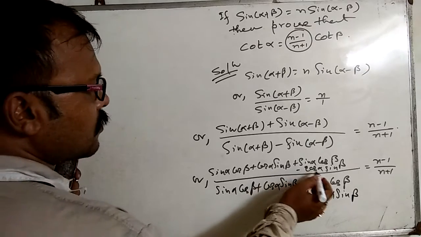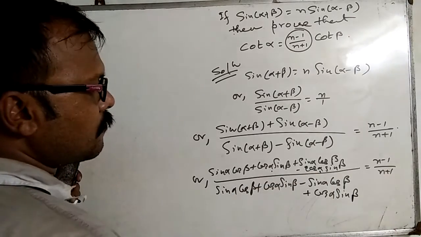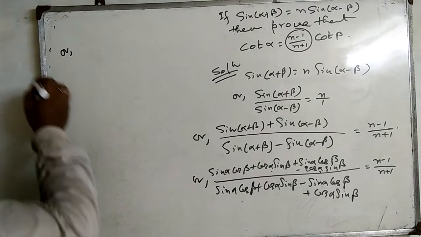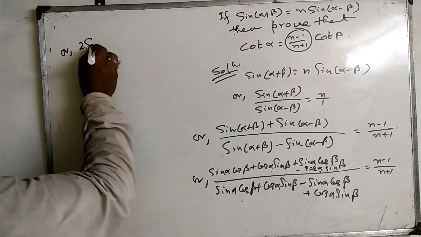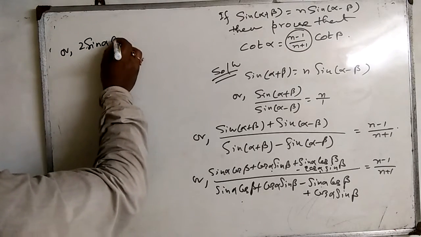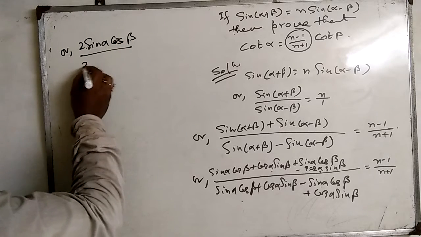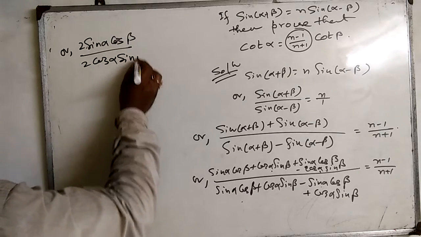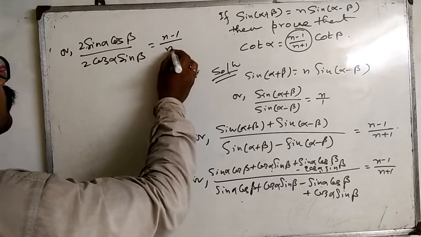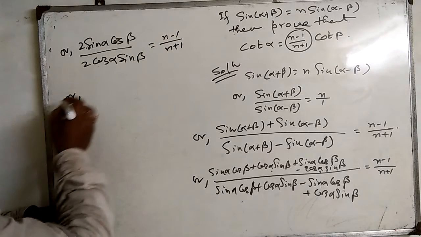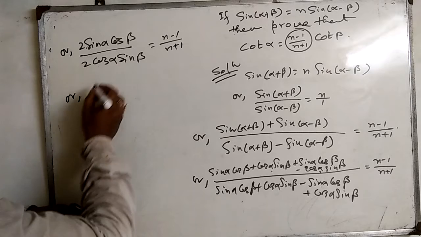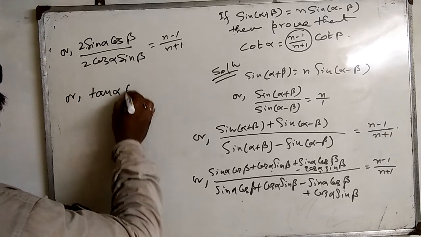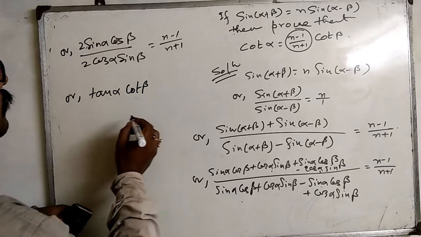So that will vanish out, sin alpha cos beta vanishes, or we can write 2 into cos alpha sin beta divided by 2 into sin alpha cos beta equals n minus 1 by n plus 1, or cos alpha by sin alpha is cot alpha, sin beta by cos beta is tan beta.